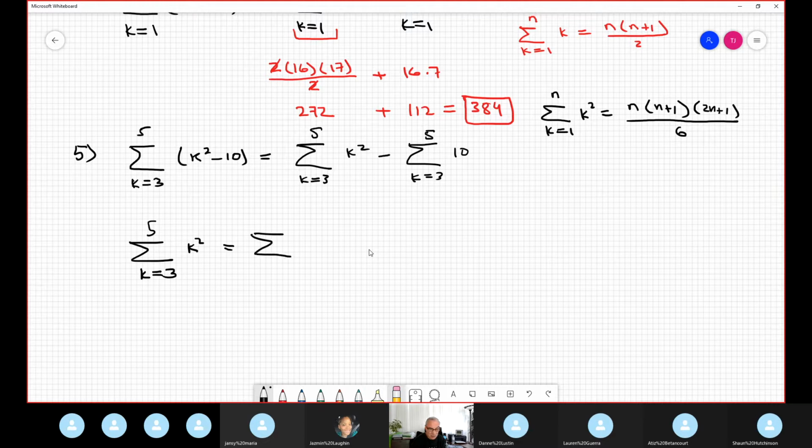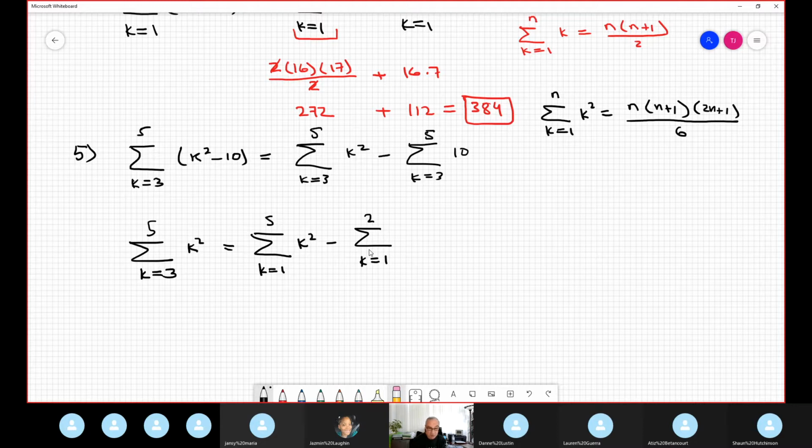Look, summation from K=1 to 5 of K squared minus summation from K=1 to 2. Okay, K=2 is 1 less than this, because the complete collection is 1, 2, 3, 4, 5. And you subtract 1 and 2 to say it's from 3 to 5.